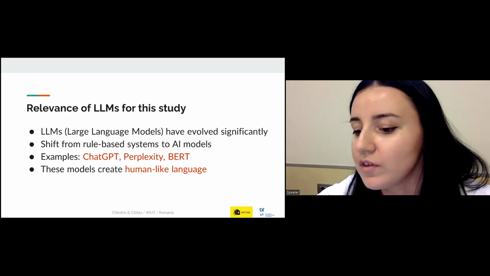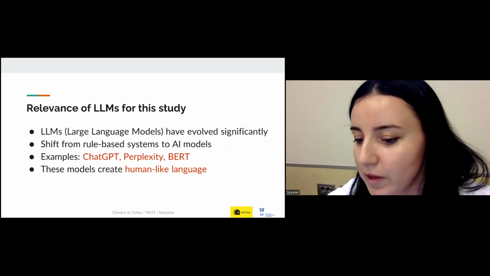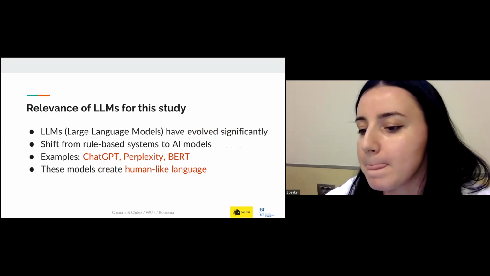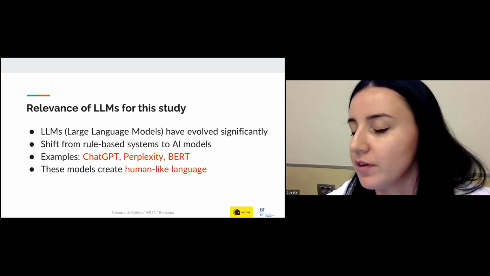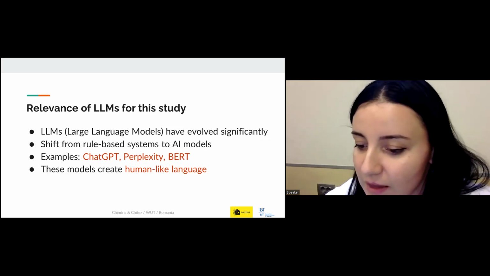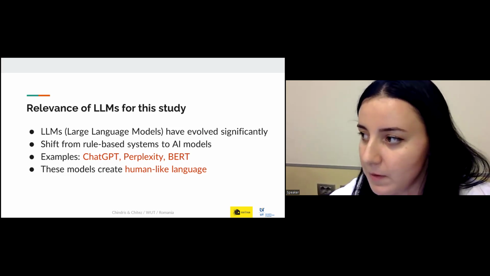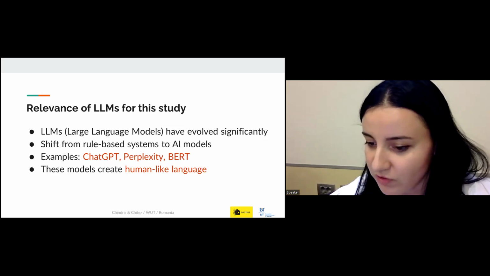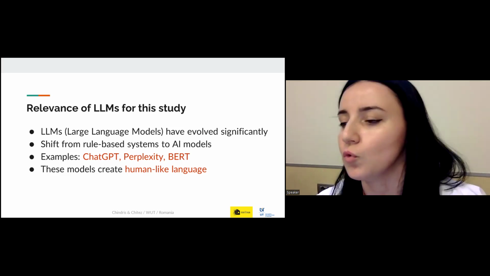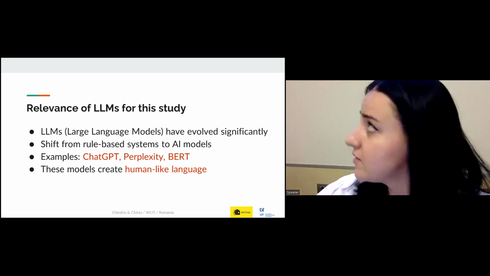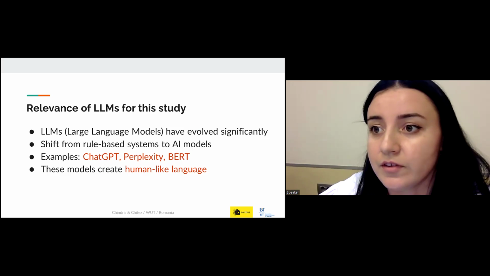Now, the relevance of large language models for this study is the following. Throughout the years, large language models have evolved significantly, and they shift the methodology and the process of simplification from rule-based systems to artificial intelligence models. Some examples are ChatGPT, Perplexity, and BERT.